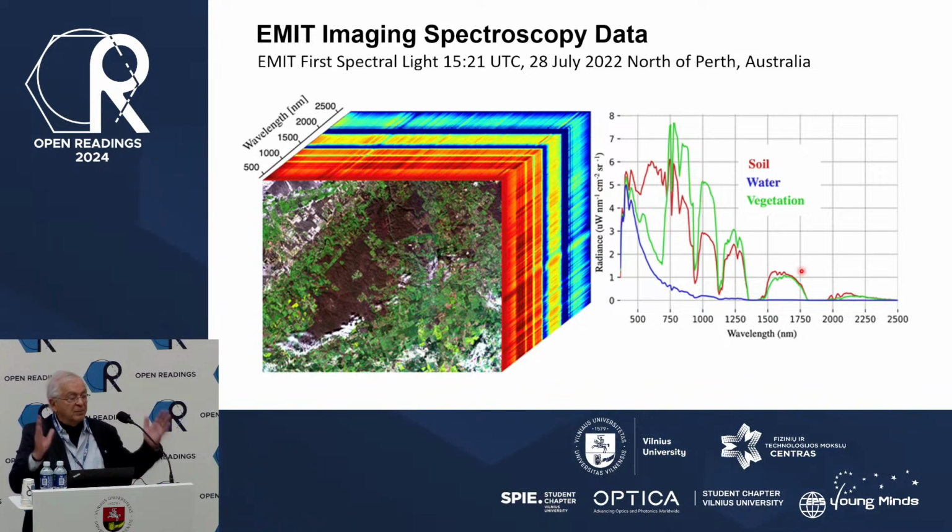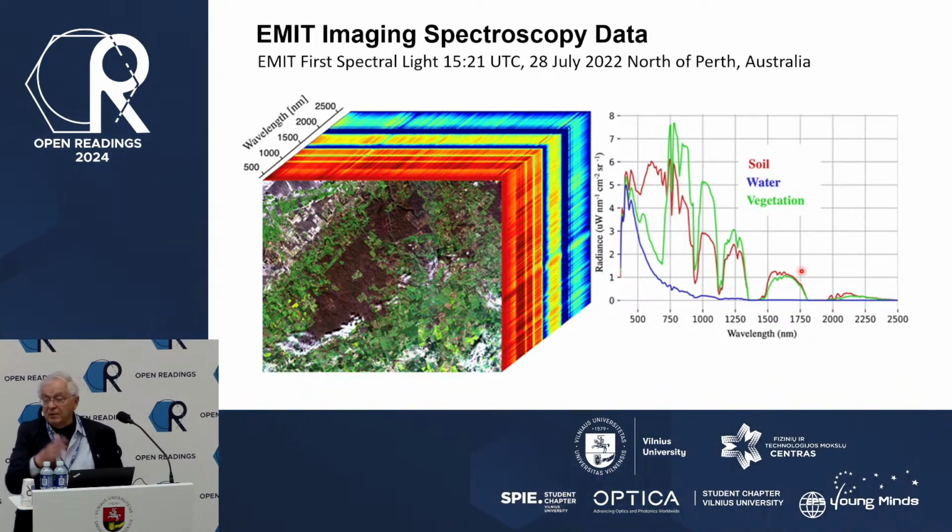That means we take a picture and then we take a series of pictures at slightly different wavelengths. So we have a stack, in this case, of about 250 images at slightly different wavelengths ranging from 500 nanometers to 2500. And then if you look at one pixel and go through the stack, you get a spectrum of that pixel. That's what I see on the right.